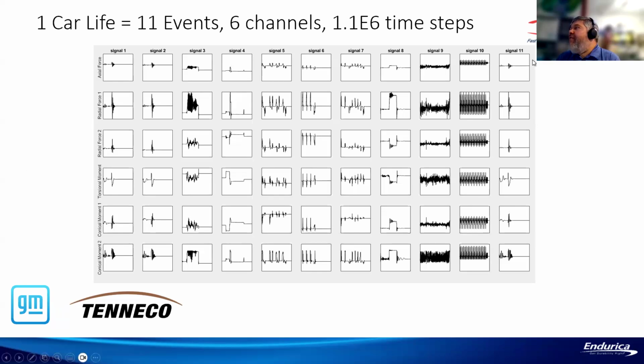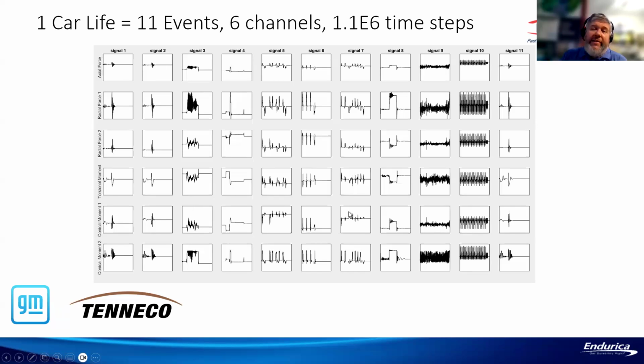There's 15 of these different, or excuse me, 11. For this particular case, there's 11 of these events or signals, and each signal has 6 channels. There's an axial channel, there's 2 radial channels, there's a torsional moment, and there are 2 conical moments for this bushing, and you can see the history.